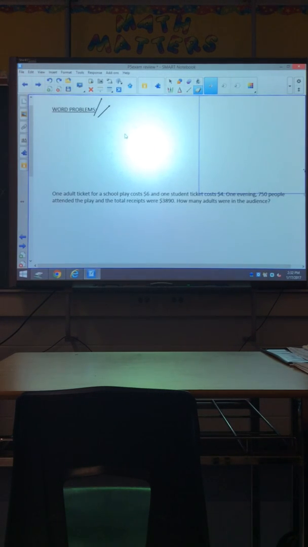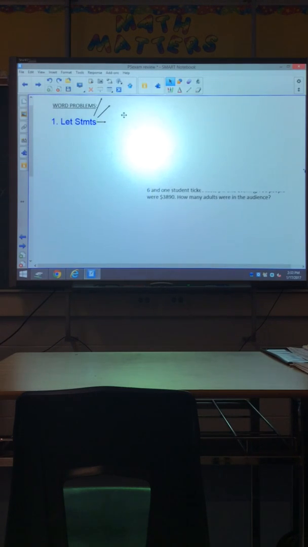What's the first step to solving a word problem question? Write out a let statement, like "Let X represent something." Where do you look in order to figure out what your let statement should say? The end of the question. Yes. Look at the end of the question to see what you should write in your let statements.